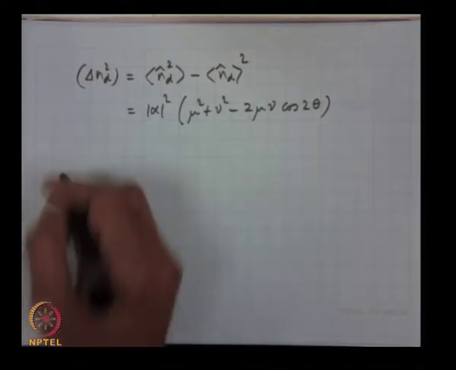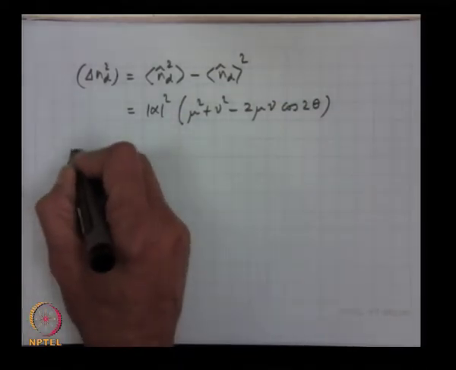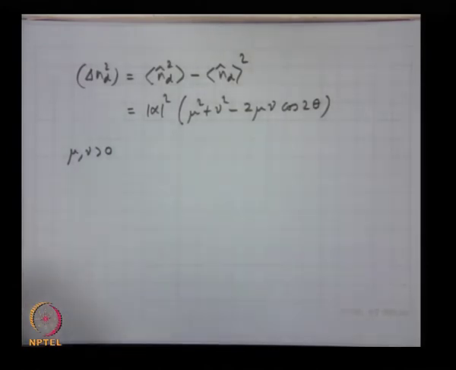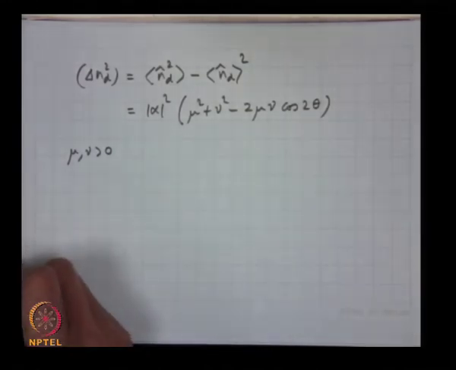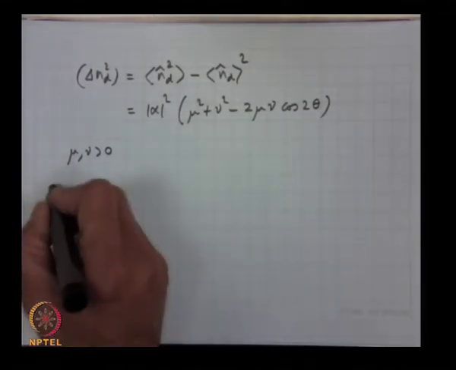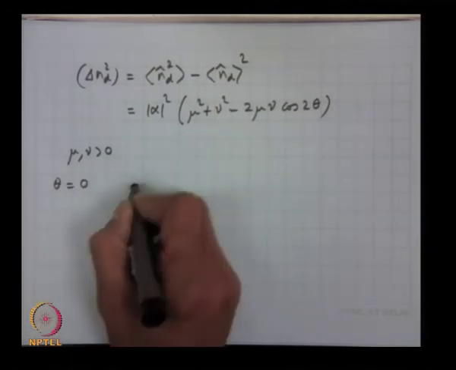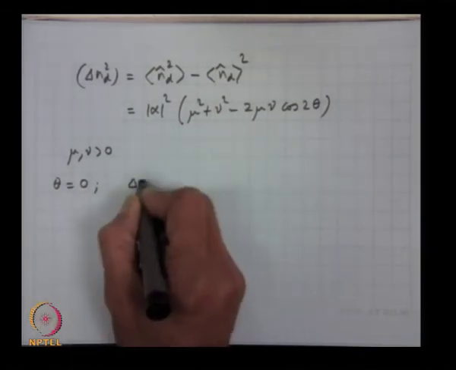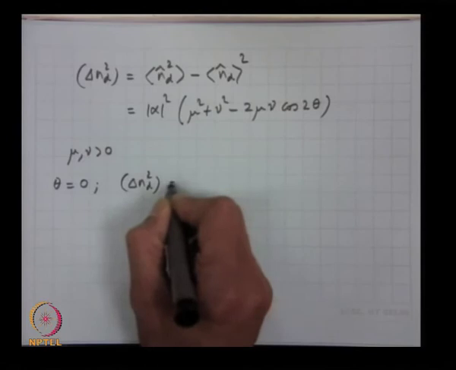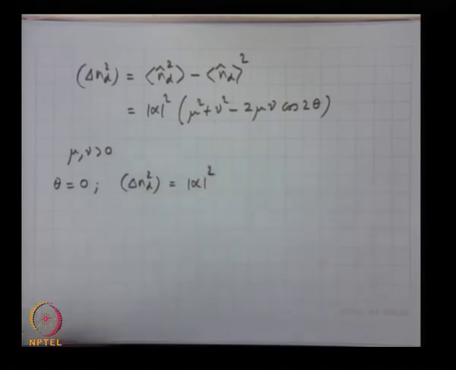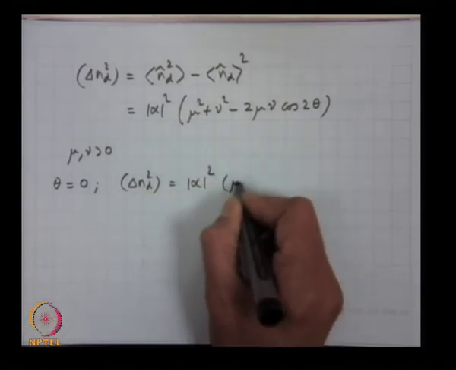So suppose, let me assume that mu and nu are both positive. Then if theta is equal to 0, delta nd square becomes mod alpha square into mu minus nu whole square.